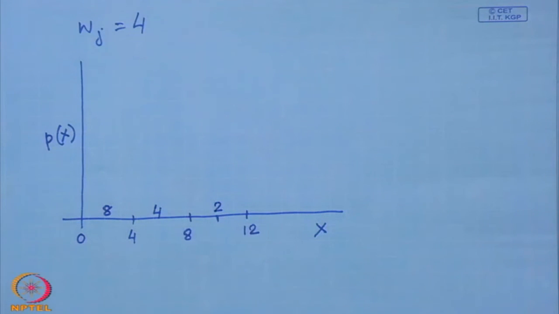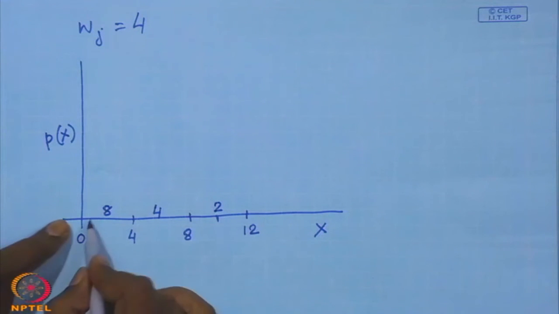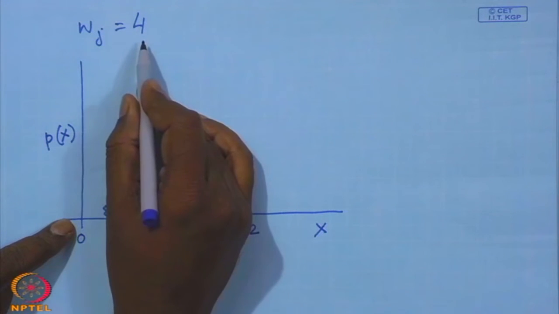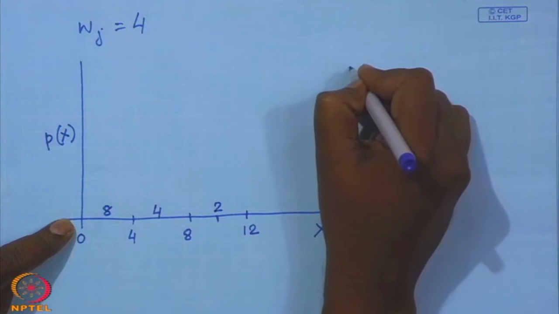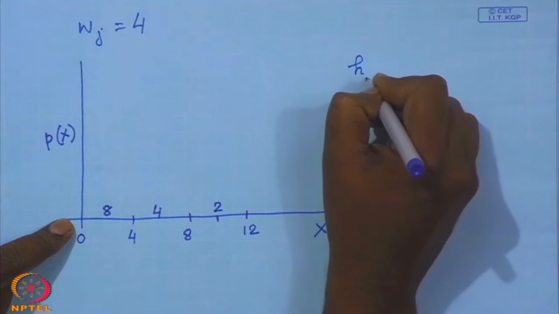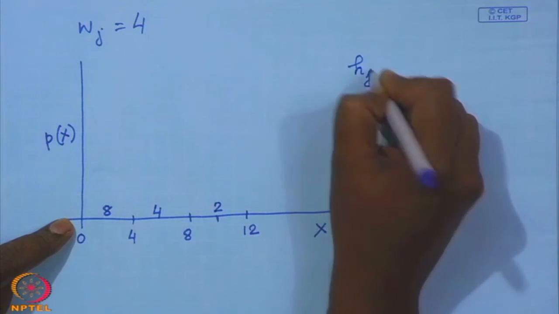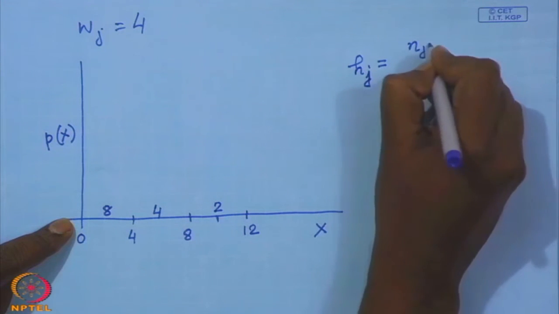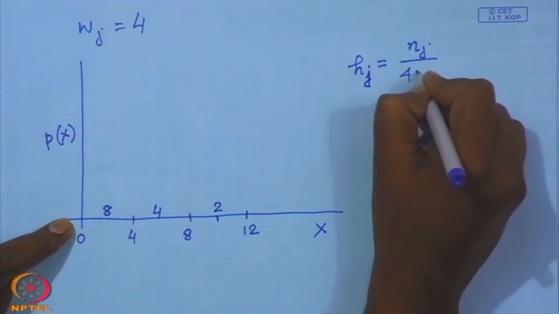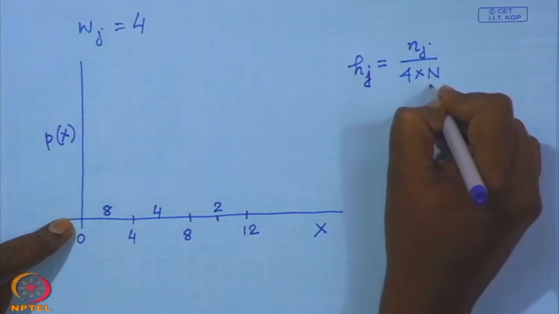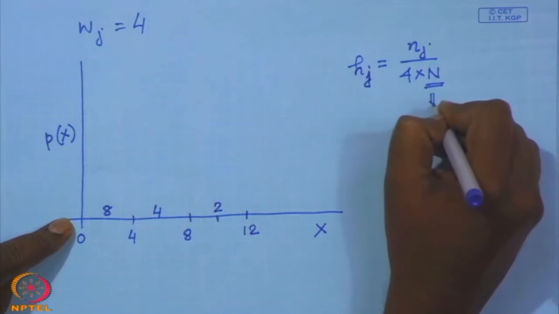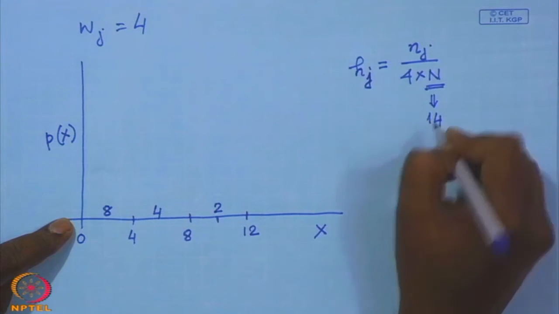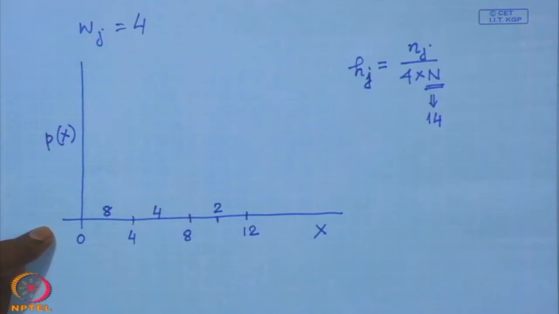Now here W j is equal to 4, so the height of every bin, H j, will simply be N j by 4 times n, where n is equal to 14, since I have a total of 14 samples.